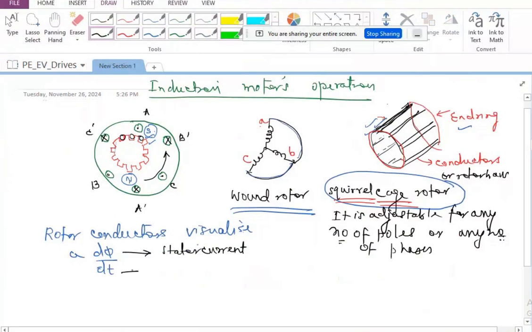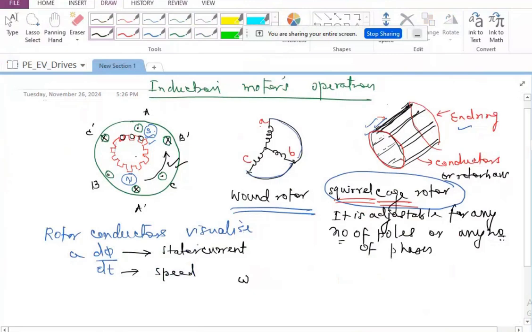But how much is the rate of change of flux depends upon the speed at which the revolving magnetic field is rotating. So the speed decides the rate of change the rotor conductors are visualizing. So the higher the speed of the revolving magnetic field, or the higher the speed difference between the revolving magnetic field and the rotor conductors, you are going to see more and more induced EMF.